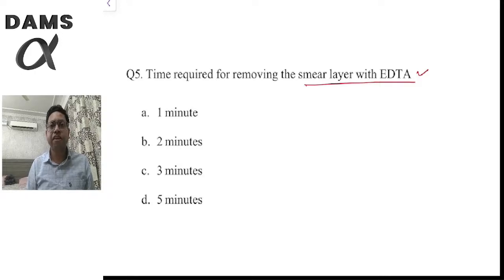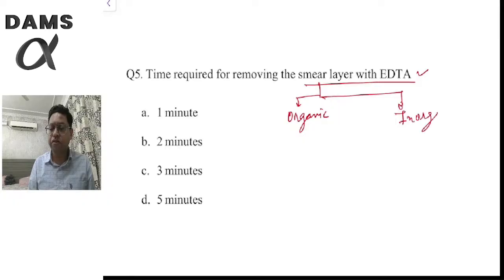Technically speaking, smear layer consists of both organic and inorganic portions. So we require two sets of agents to remove the organic and the inorganic part. The organic part is taken care of by 5.25% sodium hypochlorite, and the inorganic part is removed by 17% EDTA.